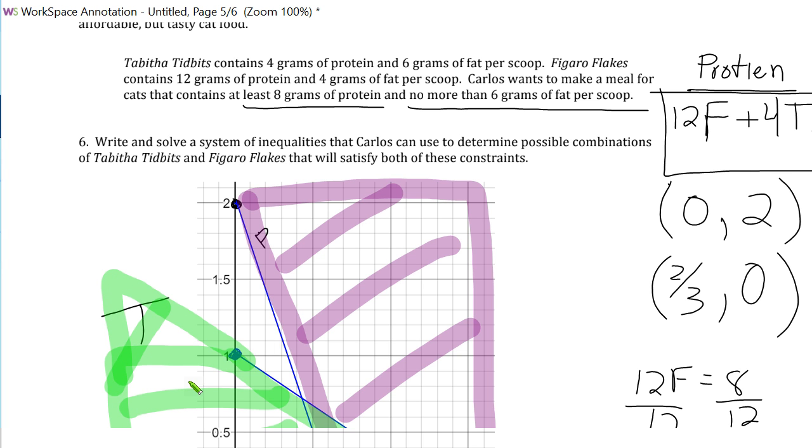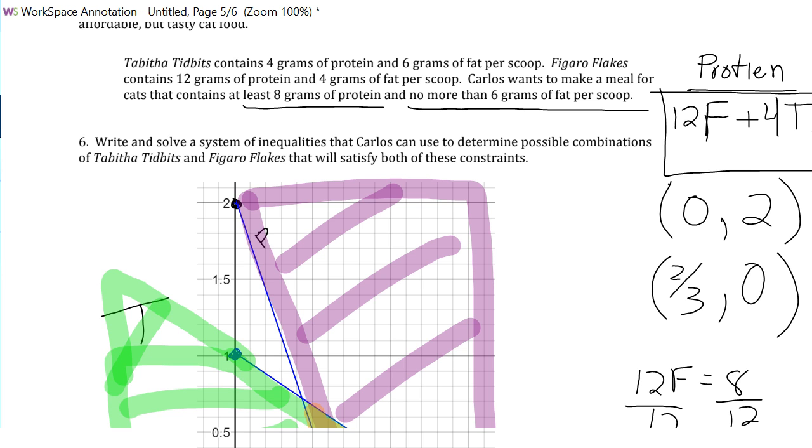So where do those two lines intersect within the domain of feasibility? That would be anywhere in this triangle. The triangle represents all of the possible combinations that we could have to get our dog food that we desire.